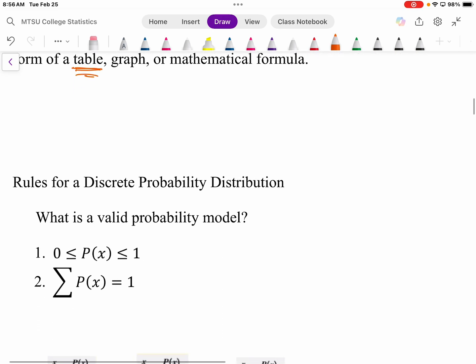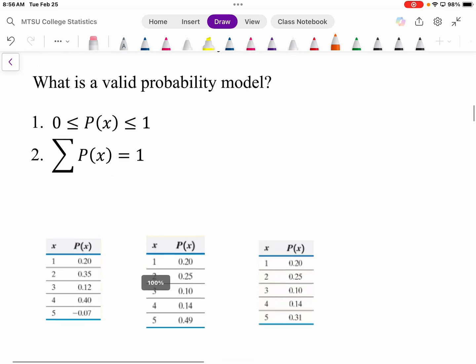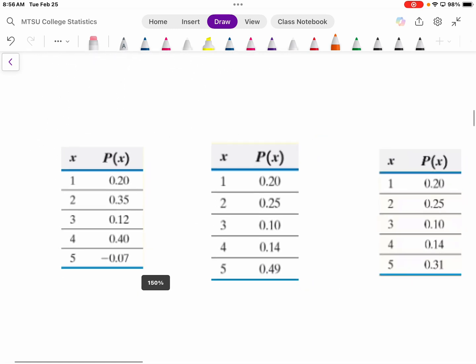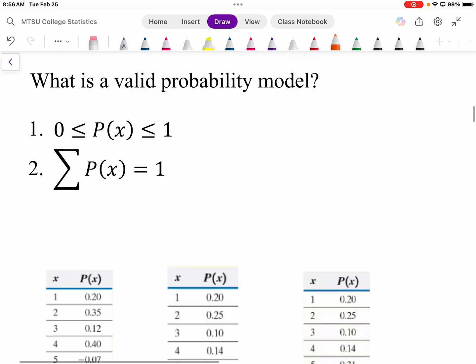So the rules for a discrete probability distribution. I have some tables down here below that we get to practice this on. Again, we mainly see it listed like this. So the rules for you being able to say something is a valid probability model. First off, remember P of X stands for the probability of an event.